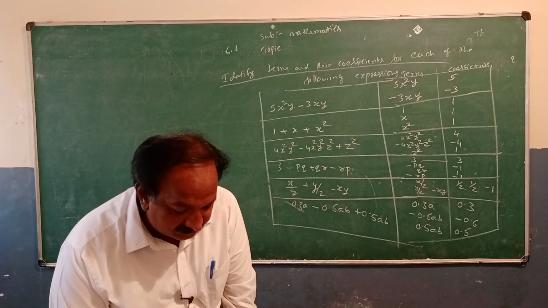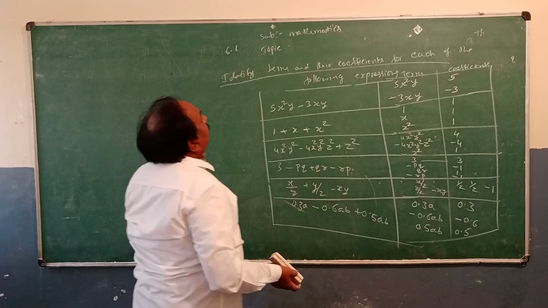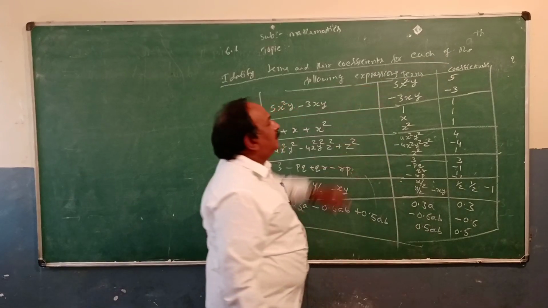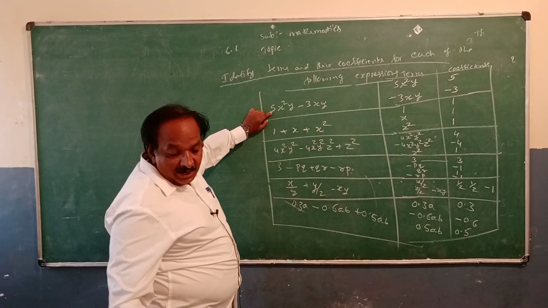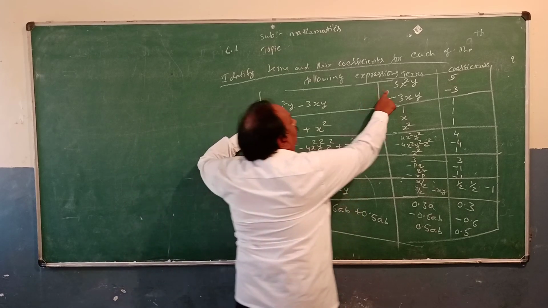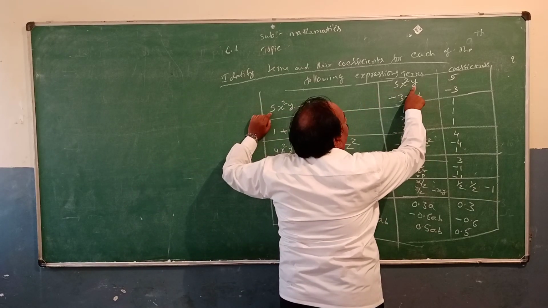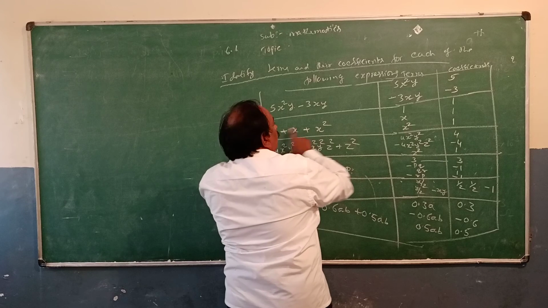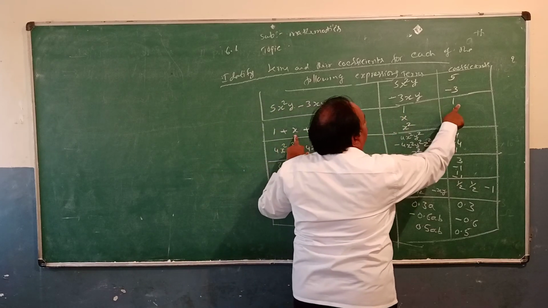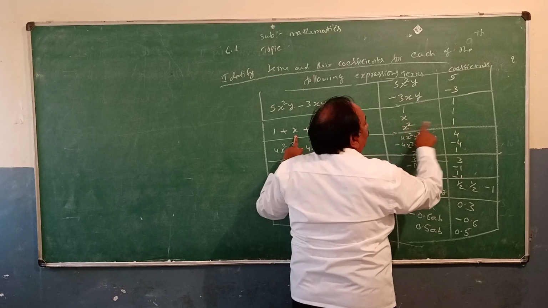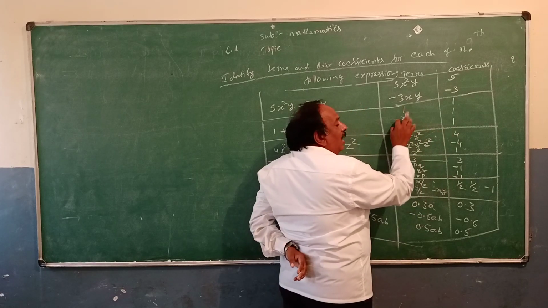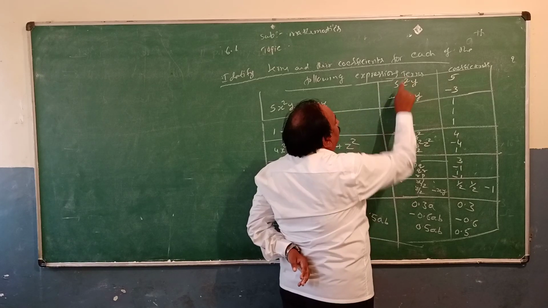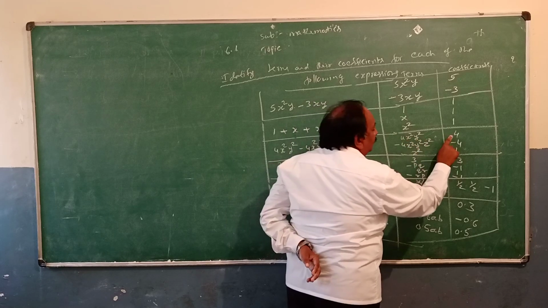I want to explain once again, students. Identify terms and their coefficients for each of the following expressions. 5x square y minus 3xy. 5x square y is the term, coefficient is 5. Minus 3xy, coefficient is minus 3. And then 1x square, coefficient is 1. There is no number written, we treat it as 1x square. The term is 4x square y square, coefficient is 4.